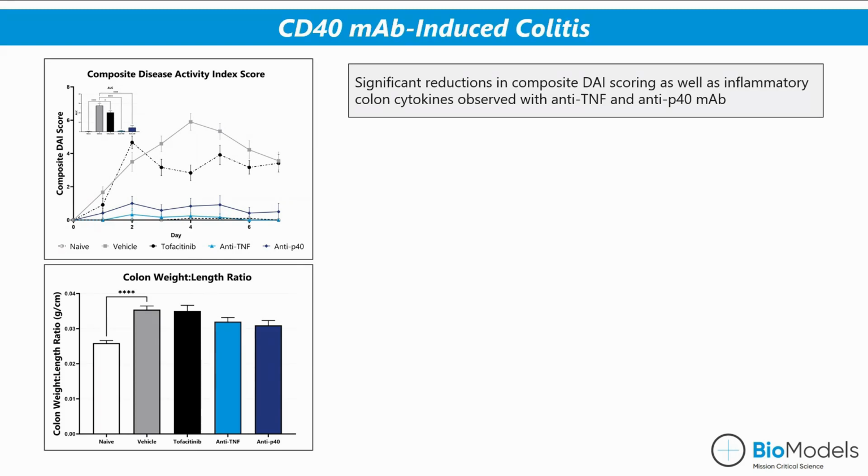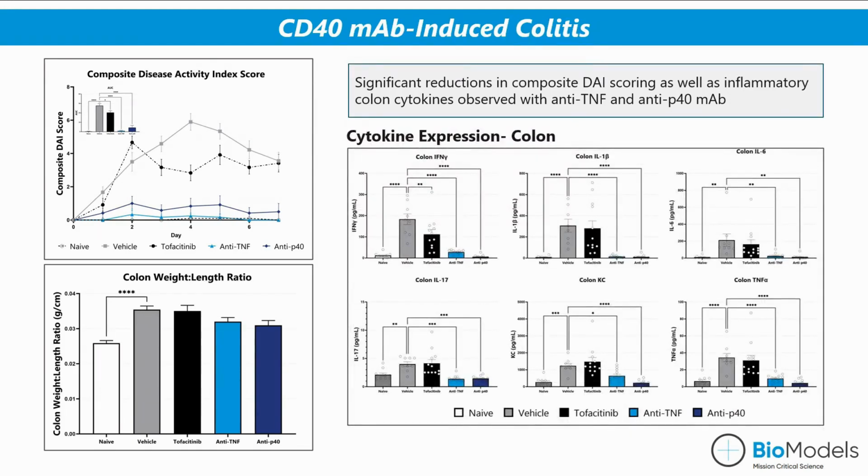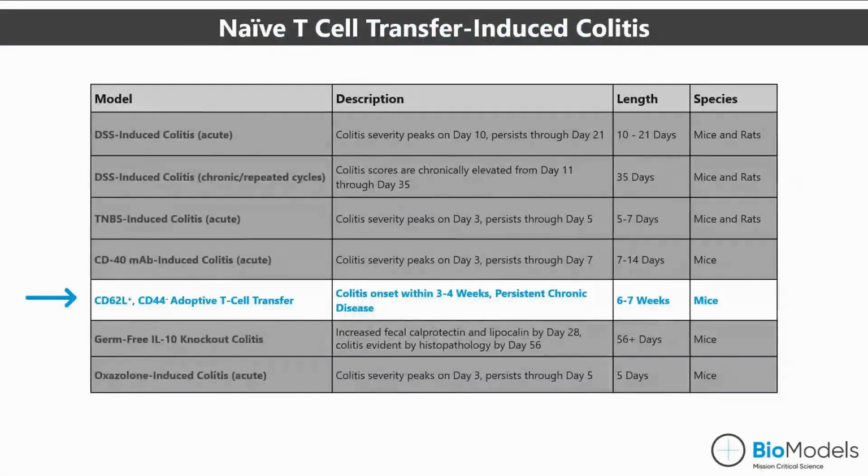No major differences in the terminal colon weight length ratios are observed with reference compound treatment compared to the vehicle control group. When we look at cytokine expression in the colon tissue, we see an induction in key pro-inflammatory cytokines with CD40 monoclonal antibody treatment. And again, treatment with anti-TNF-alpha and anti-p40 significantly reduces that expression.